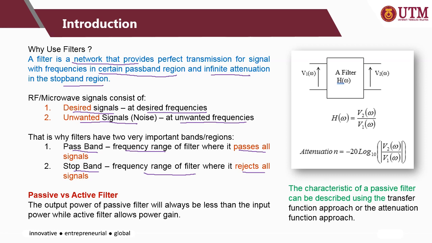Okay, basically the filter is characterized by using a transfer function, which is the ratio between the output over the input. And you have also learned how to characterize or analyze the filter characteristic by using a Bode plot in signals and systems particularly.